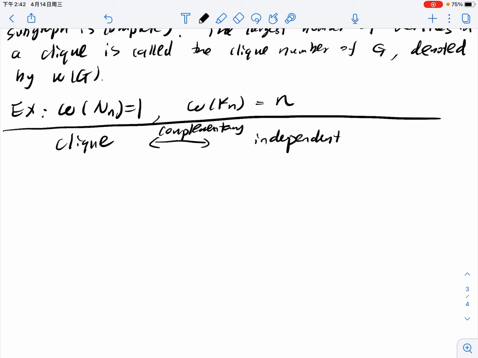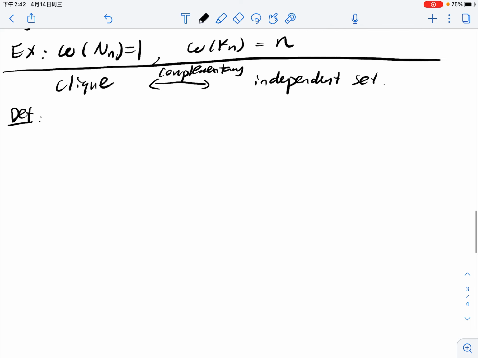So how to realize this duality? We introduce the so-called complementary graph.